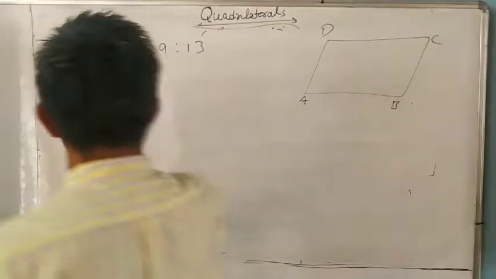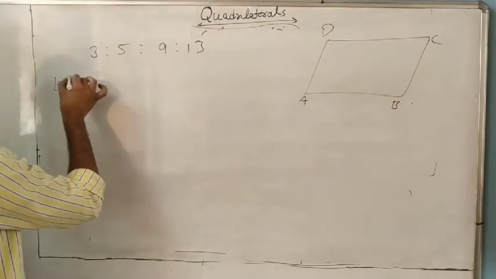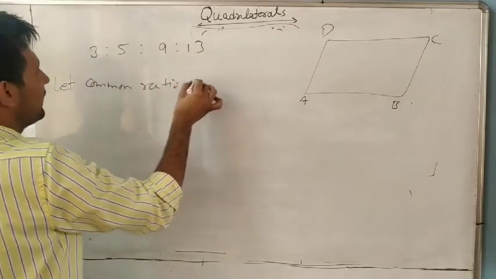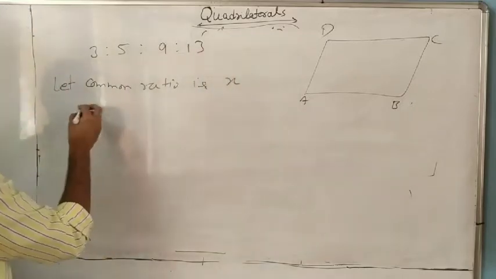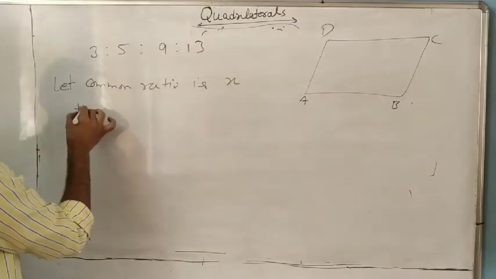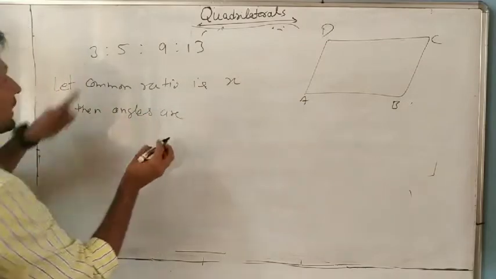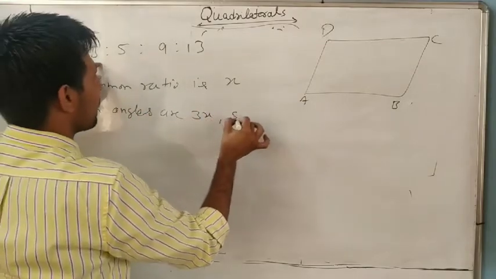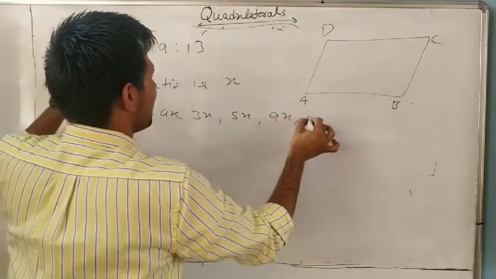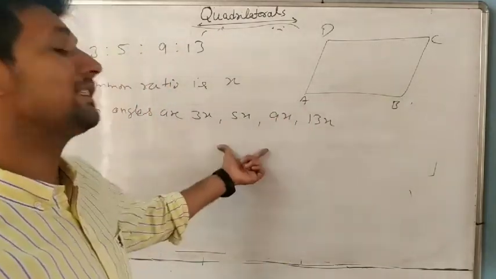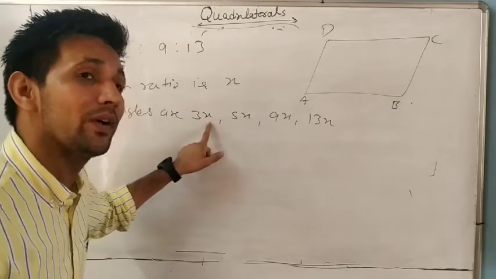So let the common ratio be x. Then the angles are 3x, 5x, 9x and 13x. We want to find each angle, and if we know the value of x, we can find them easily.